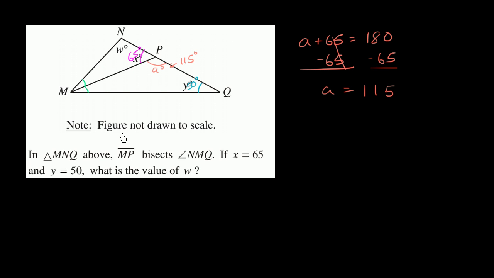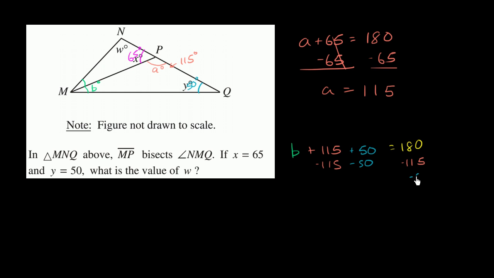And then we can use that information to figure out this angle right over here. If we say that this angle is B degrees, we know that B plus 115 plus 115 plus 50 plus 50 is equal to 180. So we could subtract 115 from both sides, and subtract 50 from both sides.